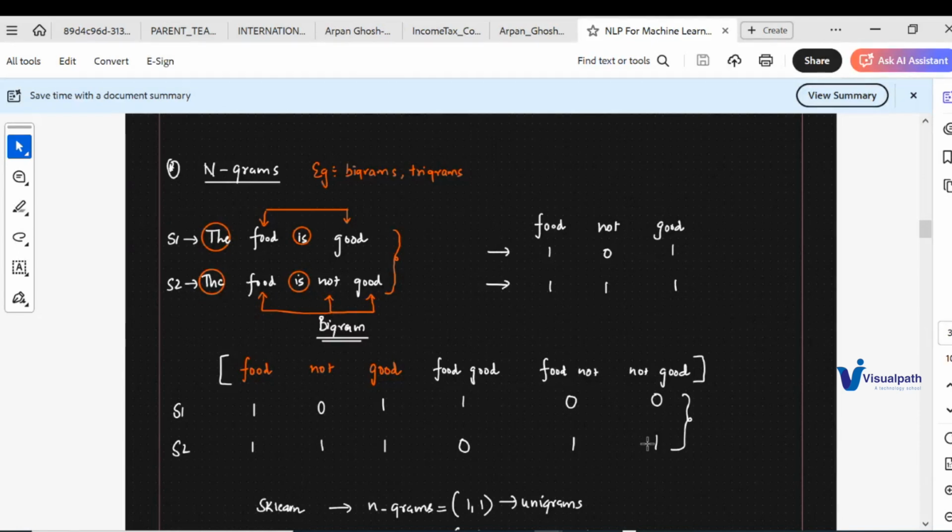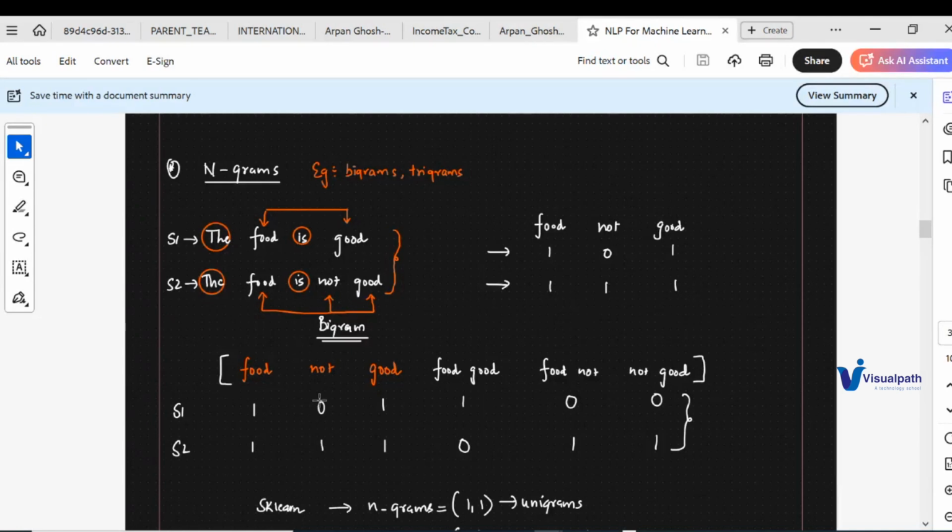Although this is not great, it is definitely an improvement from one hot encoding to this bag of words or CountVectorizer. Obviously I'm increasing the dimension.